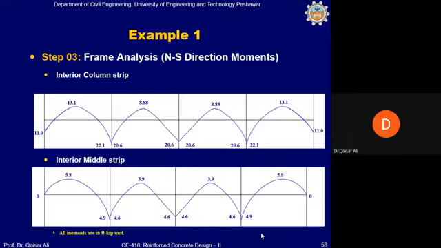Okay, last time we were discussing these bending moments obtained from the direct design method.